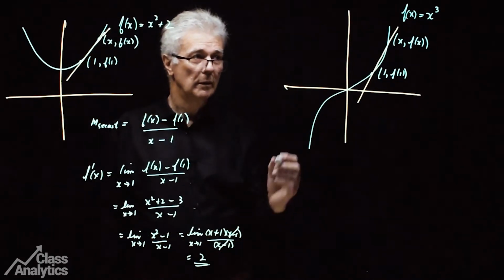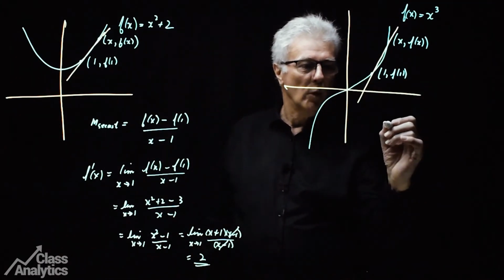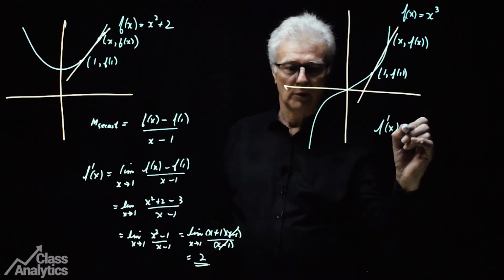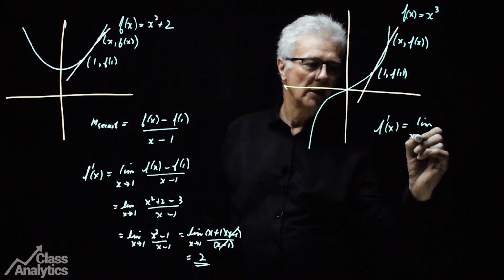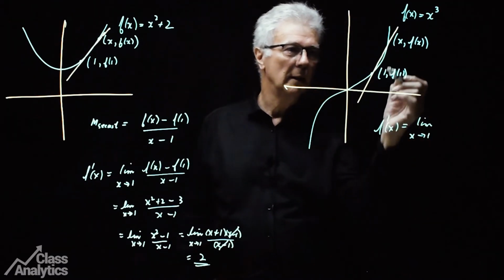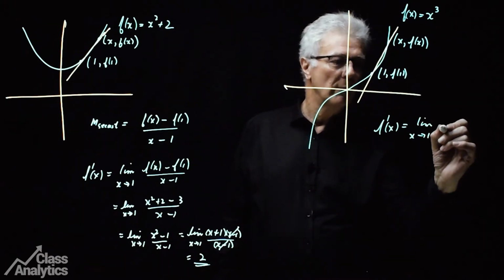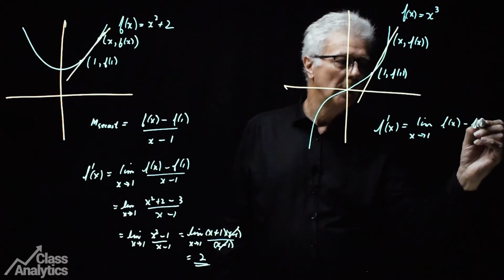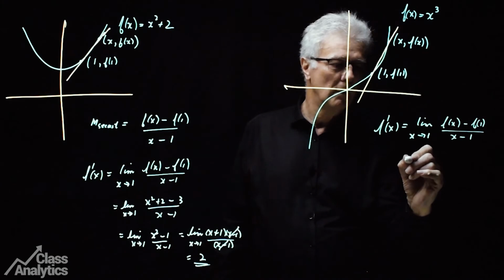Okay, moving on to this one. Same sort of thing. We're going to work out the f dash x, or the gradient function, which is the limit as x goes towards 1 of function x minus function 1 all over x minus 1.